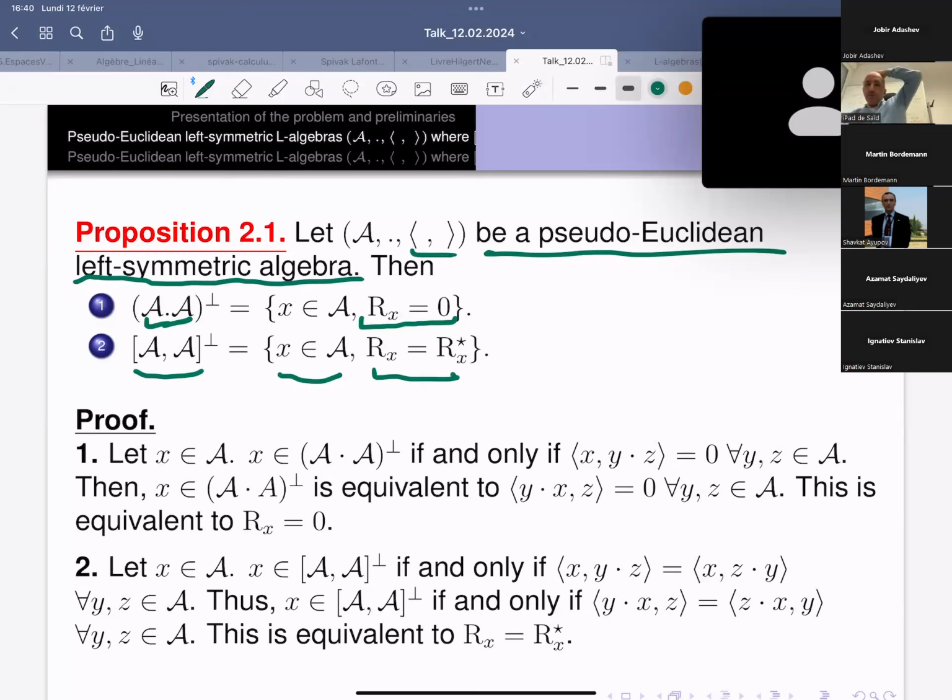The proof is very easy. It's just a simple calculation.